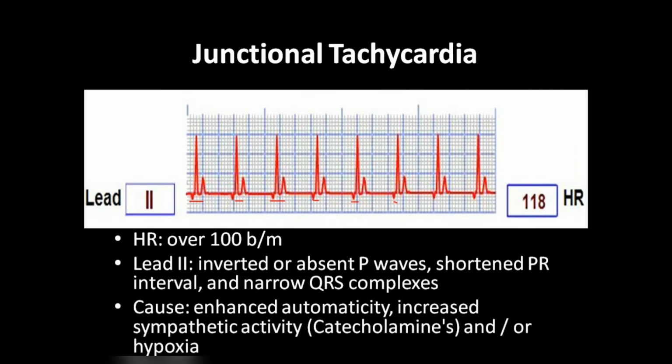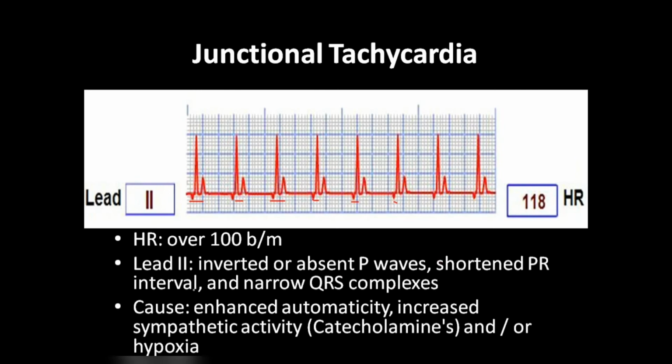The cause for such kind of rhythm is enhanced automaticity. Here the impulses reappear and overlap with the atrial impulses very fast. The impulses are generated by the ventricles, that's why the ventricular rhythm appears faster, and increased sympathetic activity or hypoxia is a cause.